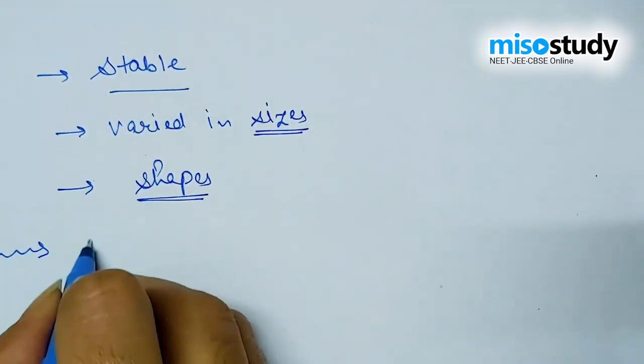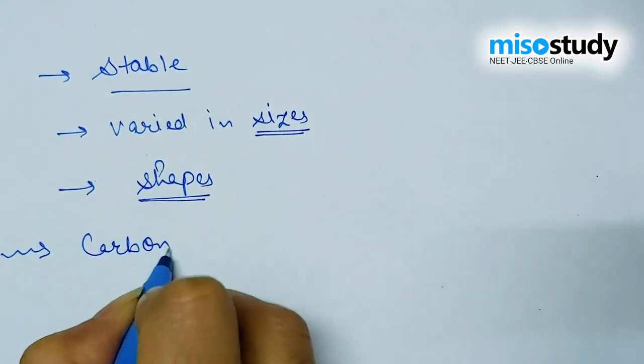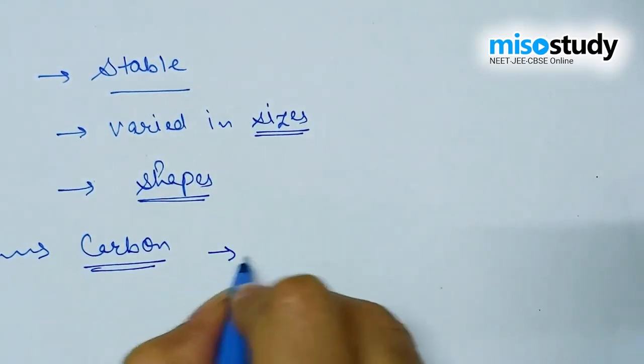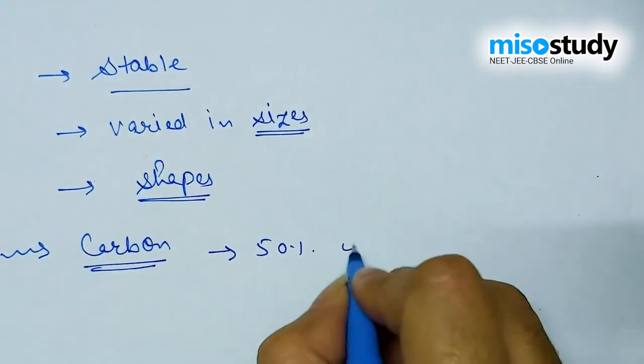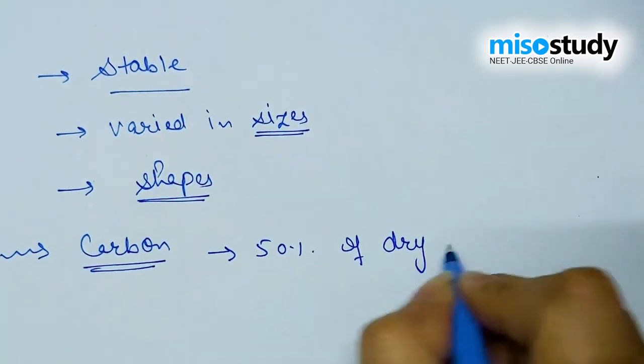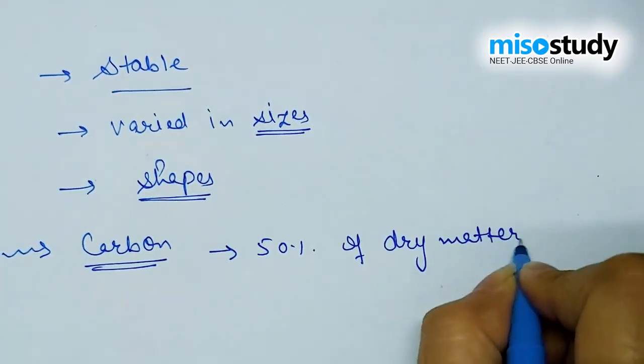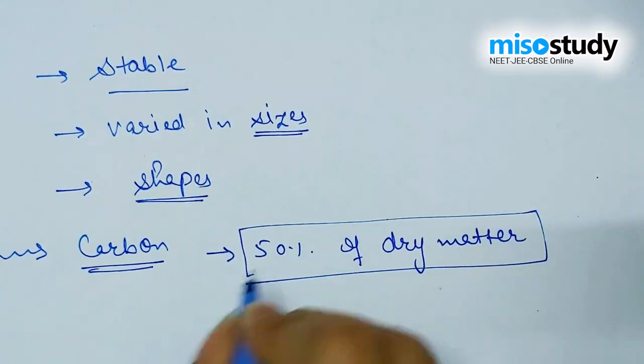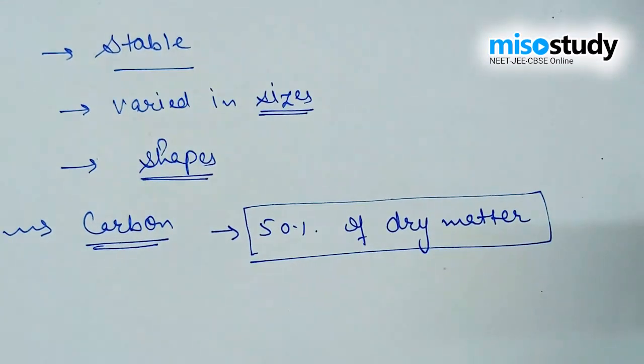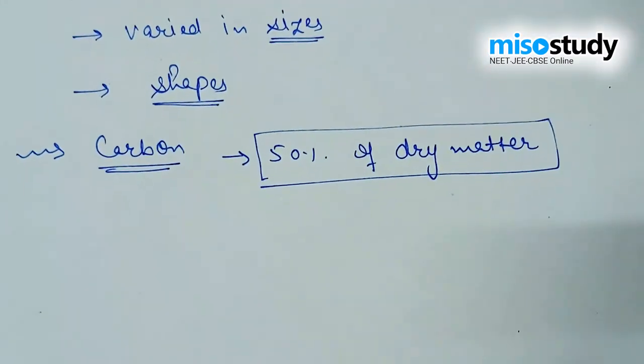For example, carbon alone constitutes more than 50% of dry matter. Out of the four, carbon forms 50% of the dry weight.